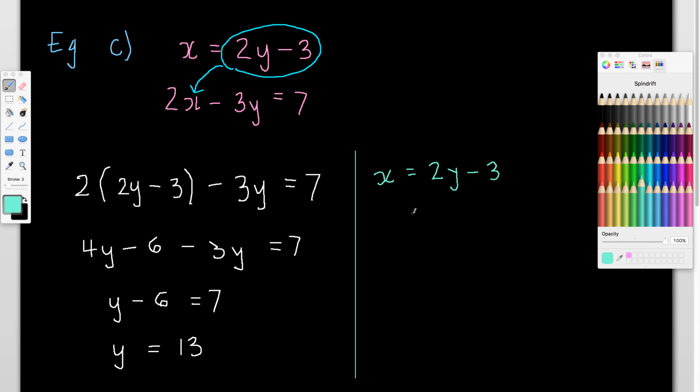So now that I know y, I can say that x is equal to 2 by 13, 3 is 26 minus the 3 is 23. So my solution, 13, 23. Now I can use this second one here just to check that. So if I do 2 by 13 minus 3 by 23, what I should get is 7.